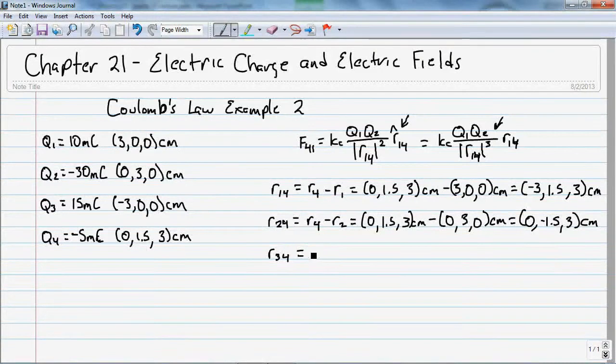And now I have R4 minus R3 for the last one, R34, and R3 is minus 3, 0, 0. So I have 0 minus a minus 3 is 3, 1.5 minus 0 is 1.5, and 3 minus 0 is 3.